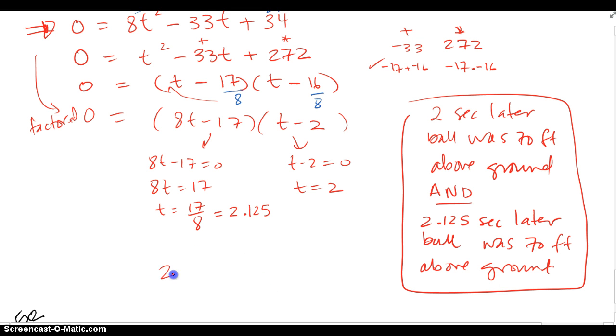If you zoom in, at 2 seconds the ball is at 70 feet, and then it goes up and comes back down, and 2.125 seconds later, the ball is still 70 feet above the ground. So there's really a higher point in between these two times.